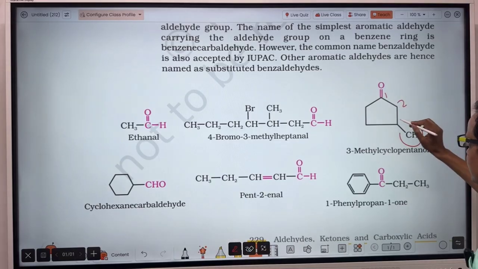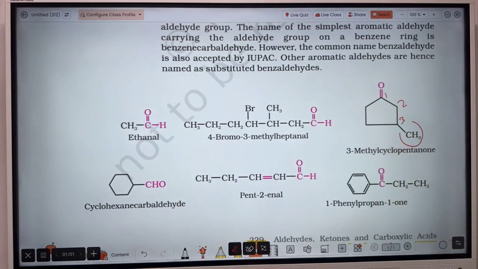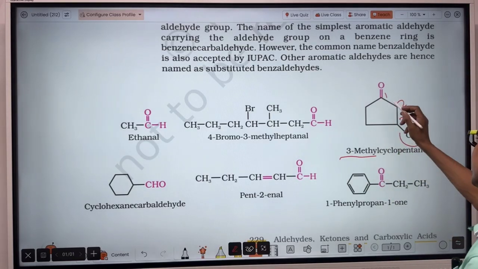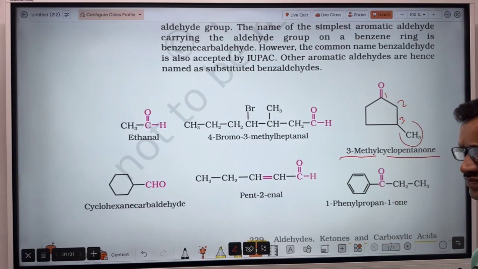So that's the first carbon, second and third. At the third position there is methyl, so we will write 3-methyl, and it is cyclopentane, so that's why cyclopentanone.